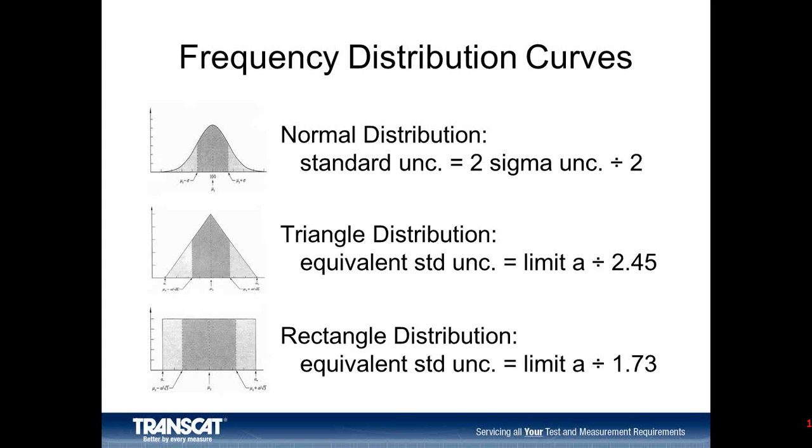The normal distribution getting from a 95% number to a 65% number, we divide by 2. In rectangular distribution, we divide by 1.73. So that's why it's important to identify the distribution of these different influences so that we can find the correct standard uncertainty.